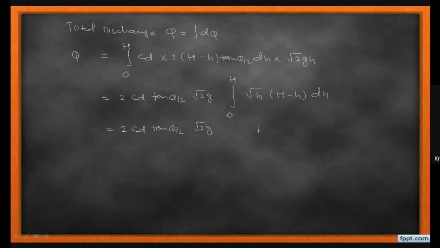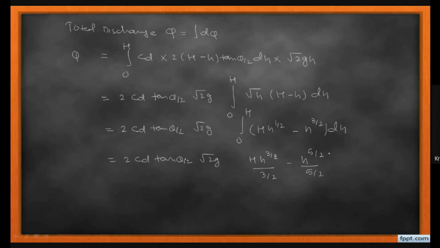Here it is capital H into small h to the power 1/2 minus small h to the power 3/2, into dh, and the integration is 0 to capital H. So finally we get 2 Cd tan theta by 2 under root of 2g into capital H small h to the power 3/2 divided by 3/2 minus small h to the power 5/2 divided by 5/2, and the limit is 0 to capital H.